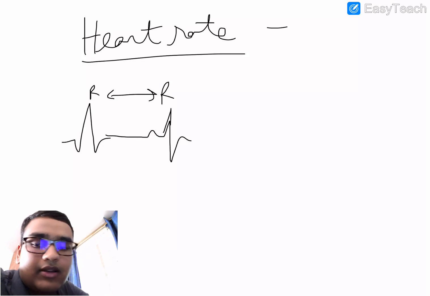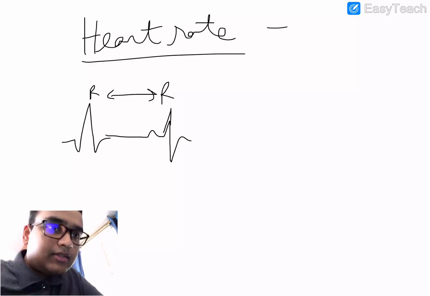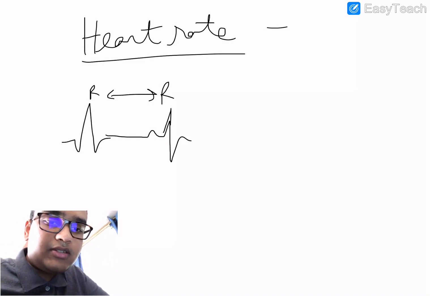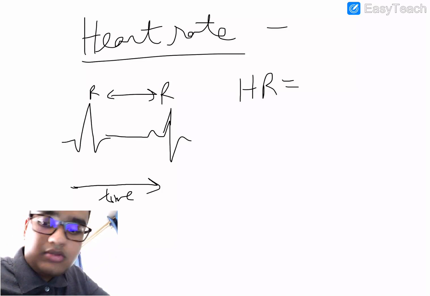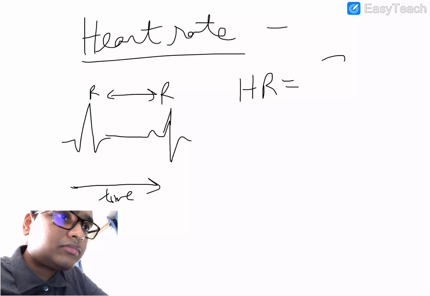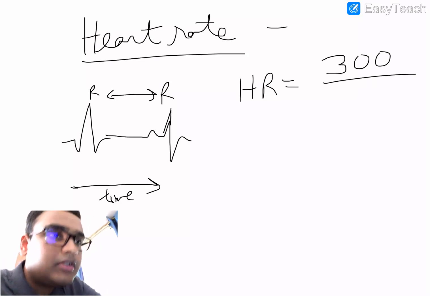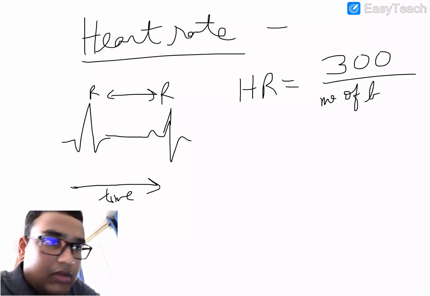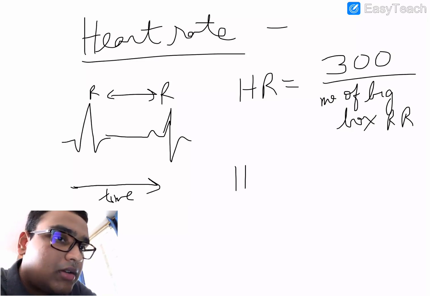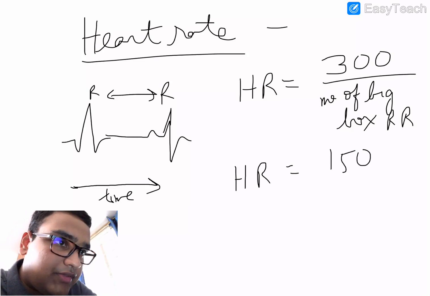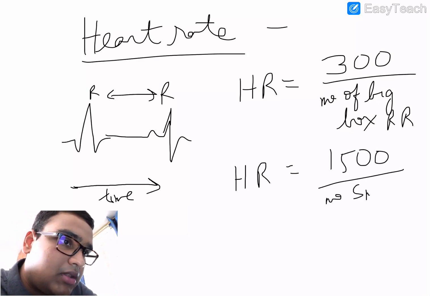So now let's see how we calculate the heart rate. This is a simple formula which you can calculate based on the small square showing the time. Heart rate is equal to 300 divided by the number of big boxes between RR, or it is equal to 1500 divided by the number of small boxes in RR.